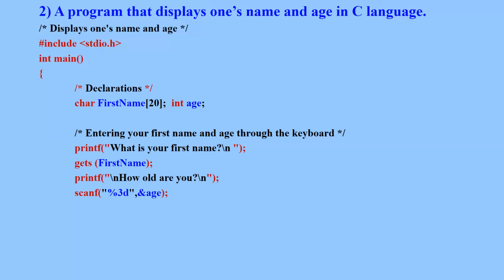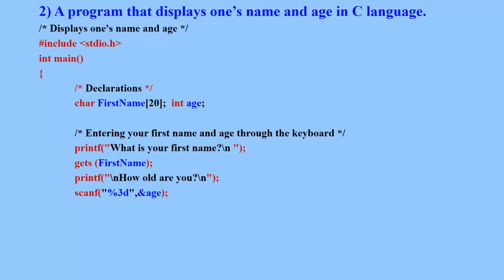And then we are now reading the age. This statement, scanf %3d, then the address operator and age, simply means get the value entered by the user, and this value is a whole number.